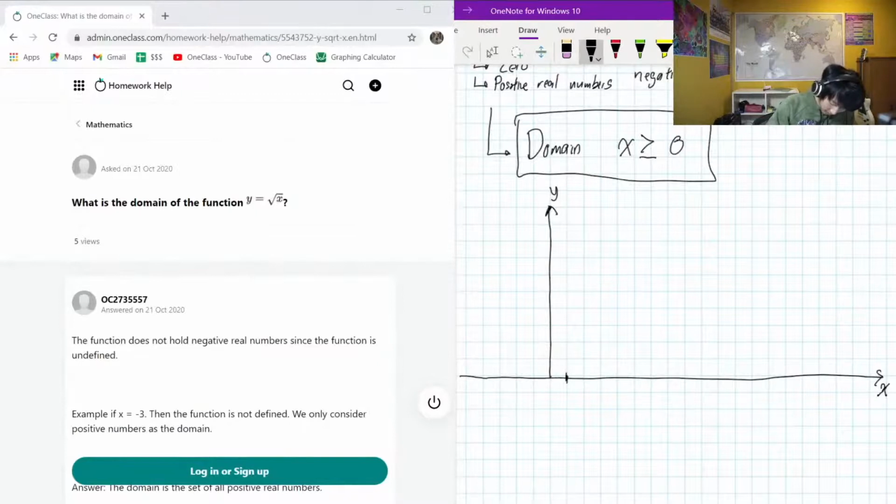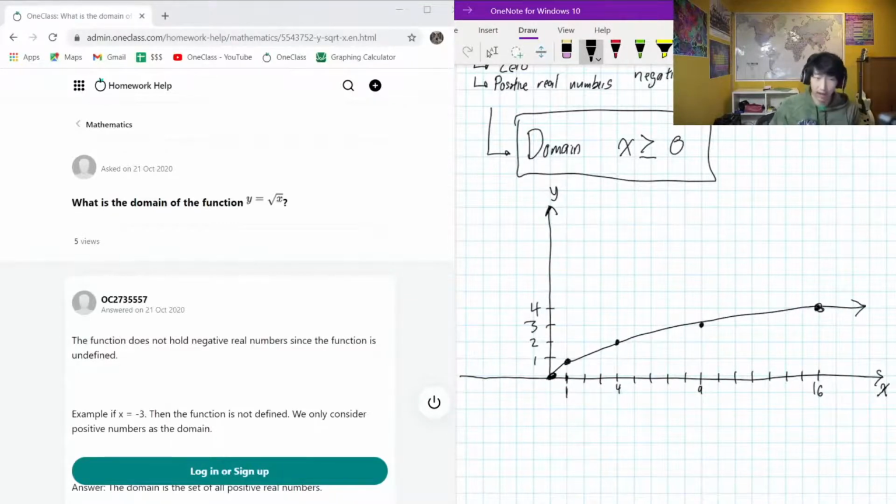Okay, so this is 1, 2, 3, 4, 5, 6, 7, 8, 9, 10, 11, 12, 13, 14, 15, 16. 1, 2, 3, 4. We would have a function that looks like this. Okay, 0 is good. But yeah, it kind of has like a fairly slow, kind of curving downwards type of growth.